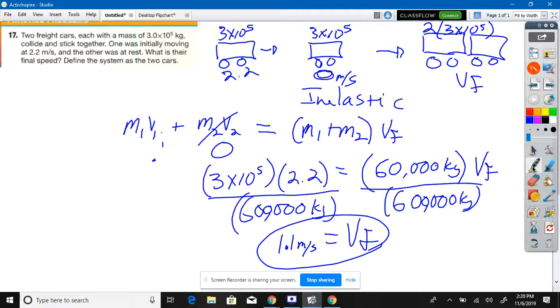Now, if you really think about it, it makes sense. If one's moving at 2.2 and then they stick together, didn't you just double the mass? Then didn't you halve the speed? You can only divide by 2 if they're of equal mass.